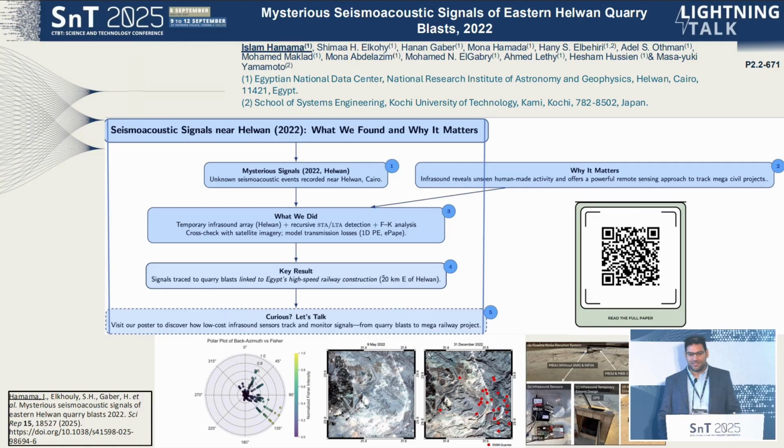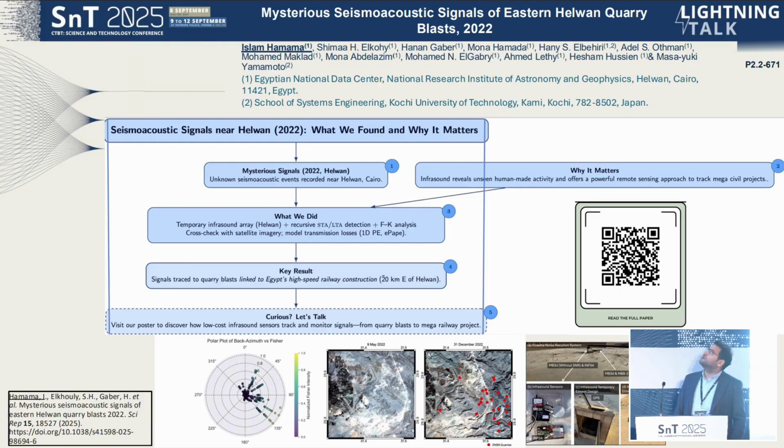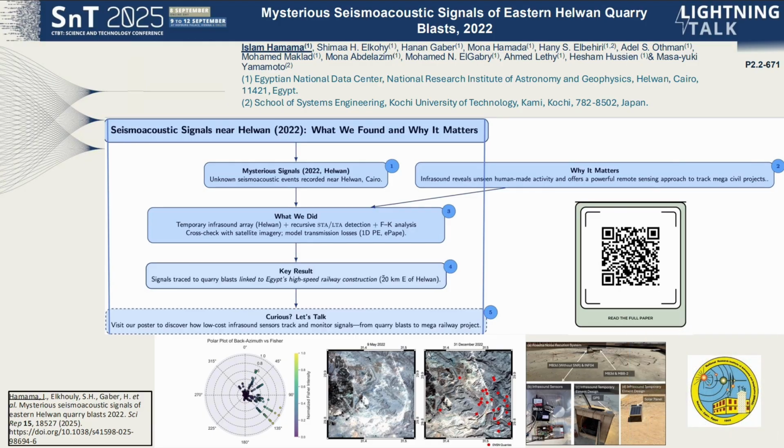Good morning. My name is Islam Hamama. I am from the Egyptian National Data Center. Our e-poster is about mysterious seismoacoustic signals reported from our Egyptian seismic network, as well as some shaking of windows reported near Helwan city.